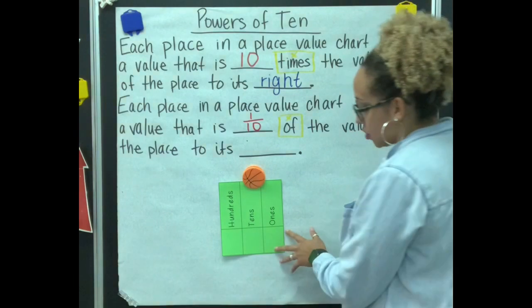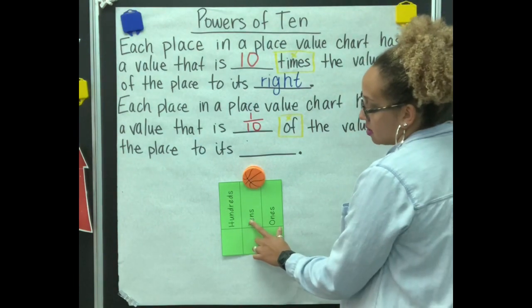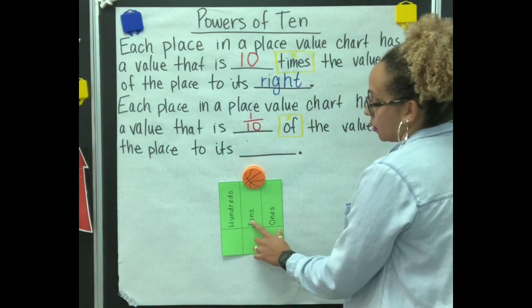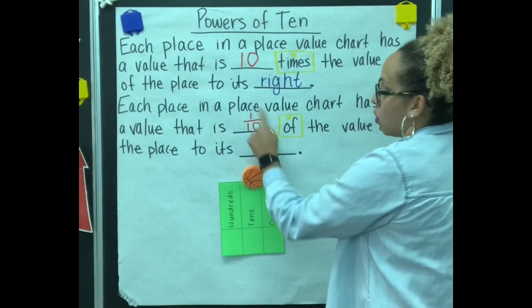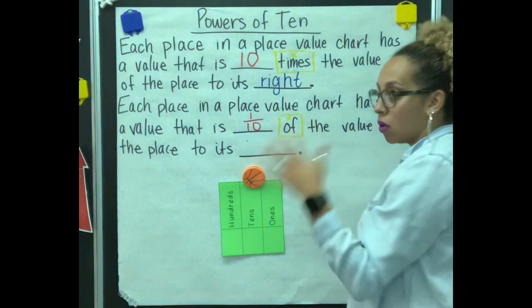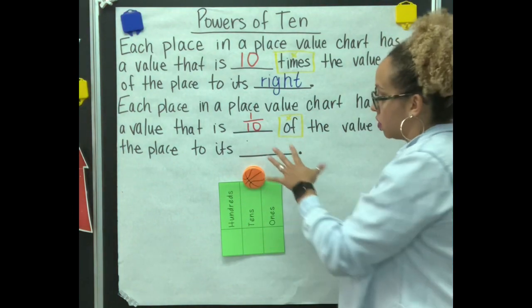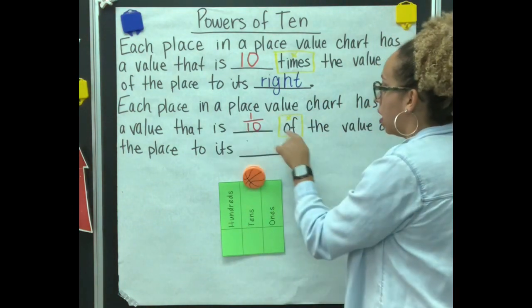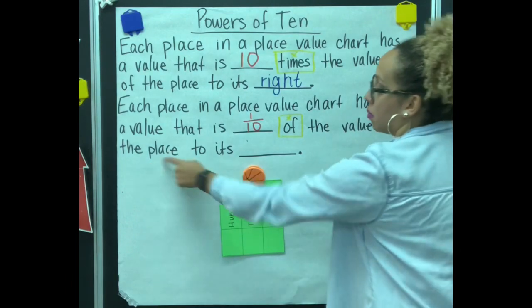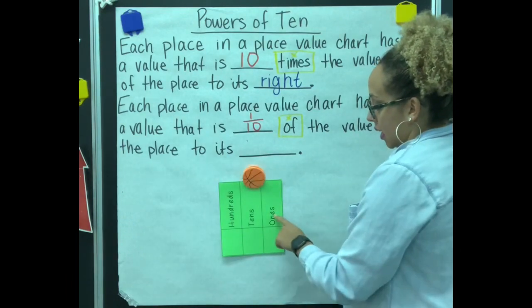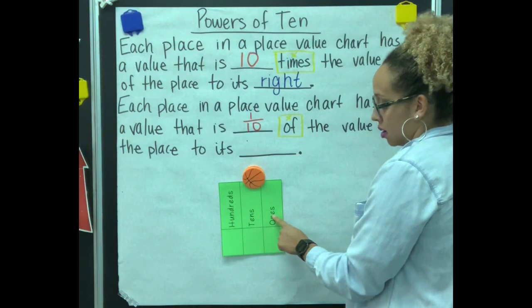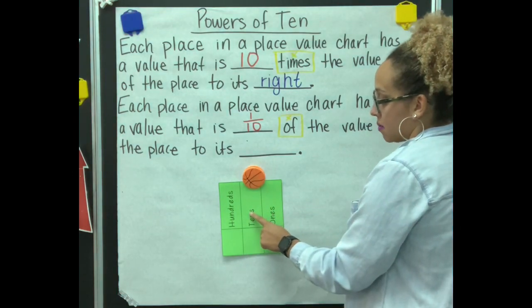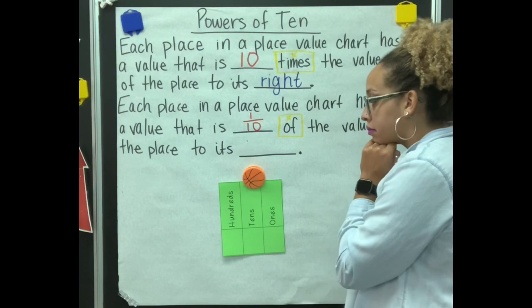So when you look at this chart right here and we're talking about the tens place, each place in a place value chart has a value that is 1/10 of, meaning multiply. So we're getting smaller because we're multiplying by a part of a whole of the value of the place to its what? Is 10 times smaller than 1? Or is it 10 times smaller than 100?